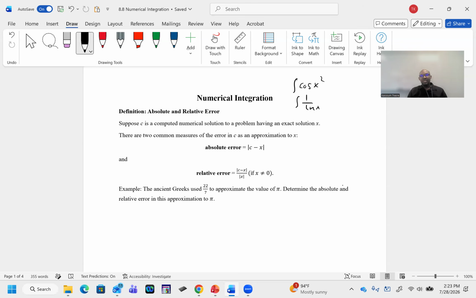So far, let's start with absolute and relative error. Since it does not give you the exact value, what is the error?